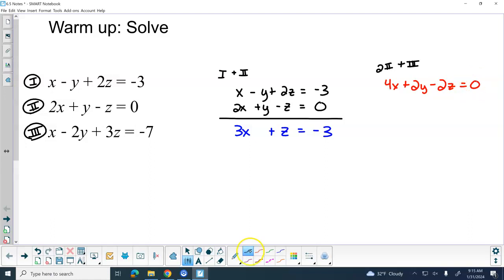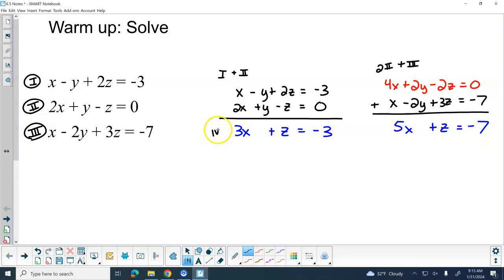And then x minus 2y plus 3z equals negative 7. That gives 5x, nothing, plus z equals negative 7. I could multiply this equation or this equation by negative 1, doesn't matter.